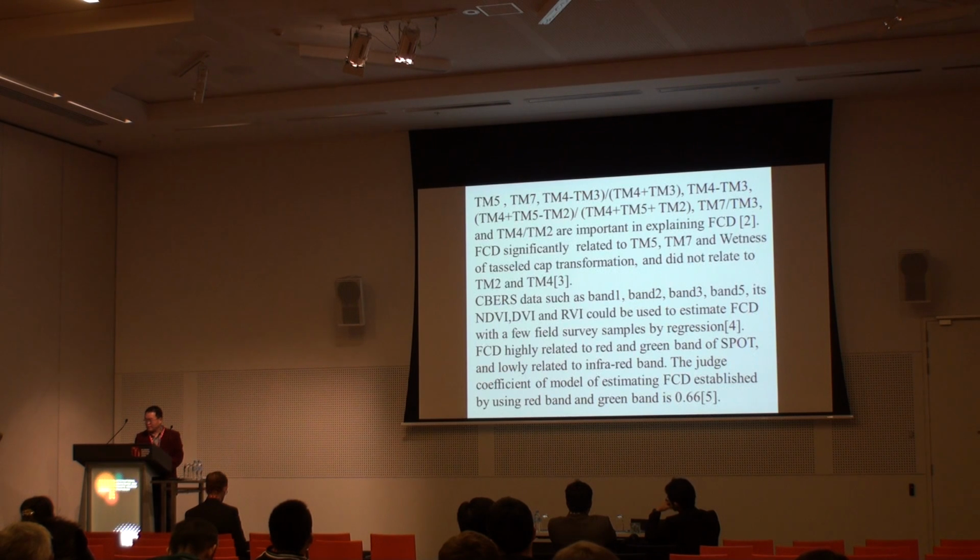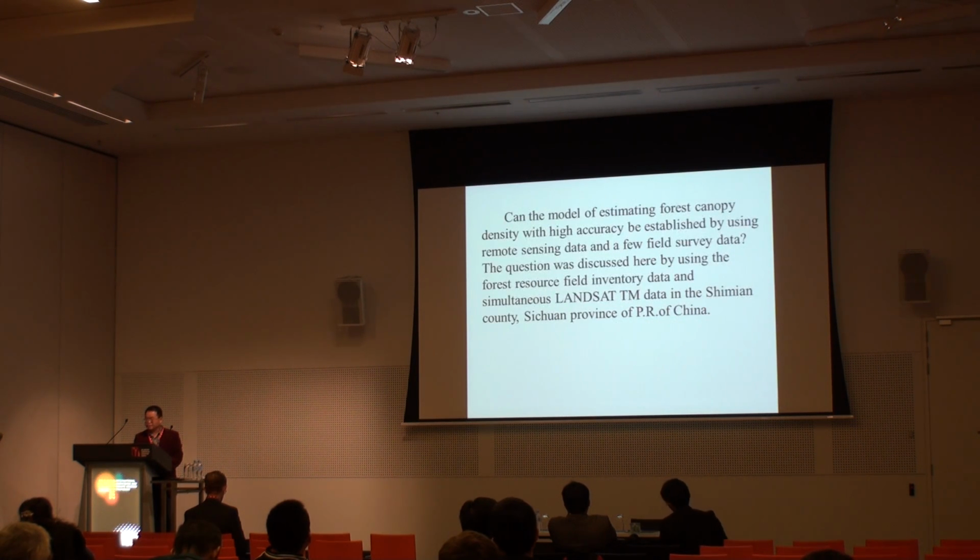Forest canopy density is highly related to the red and green bands, and lowly related to the infrared band. A model for estimating forest canopy density was established using the red band and green band.